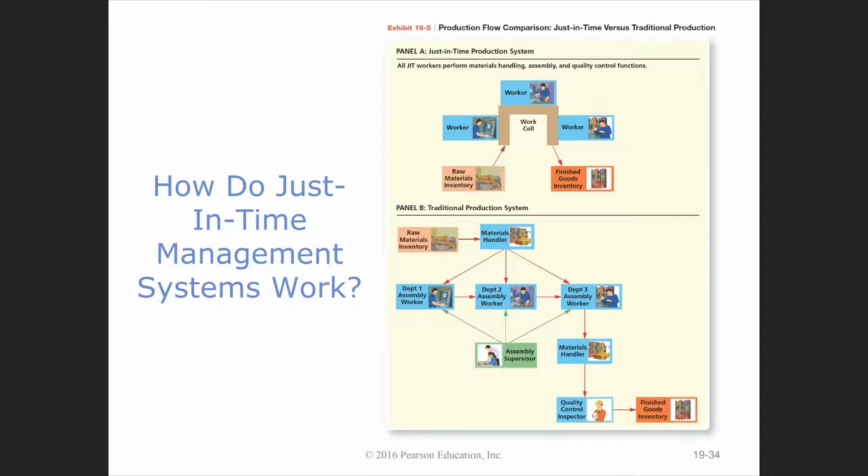Once it's gone through the assembly process, it goes to the materials handler, then it's quality control inspected, and finally it ends up in your finished goods inventory. So there are several more steps in the traditional production system versus the just-in-time production system.